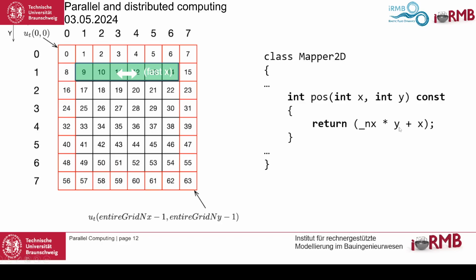If we increase y by 1, we go another nx to the right, for example, right? So then obviously here, the index that you want to iterate innermostly is the x index, yeah? Because here you always end up with your immediate neighbors.